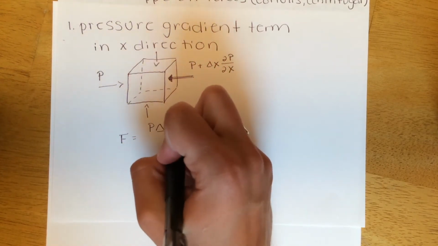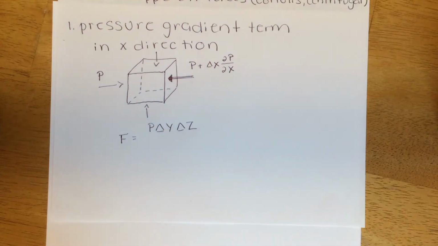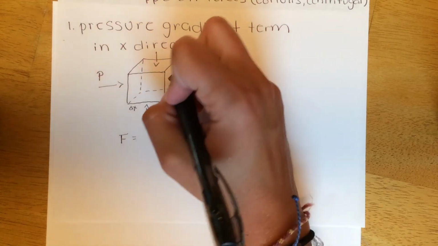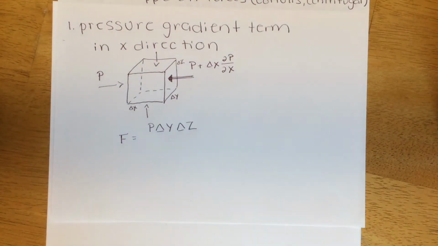Force is calculated as the pressure multiplied by the area, so our pressure gradient is represented by pressure 1 minus pressure 2 divided by the volume from before.